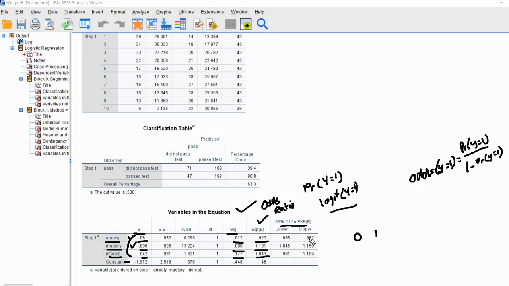And then with respect to this part of our output, we have a confidence interval for the odds ratios. You can use this if you want to, in addition to reporting the point estimate for the odds ratio, by providing an interval estimate for those ratios. You could also, theoretically, test the odds ratios for statistical significance.